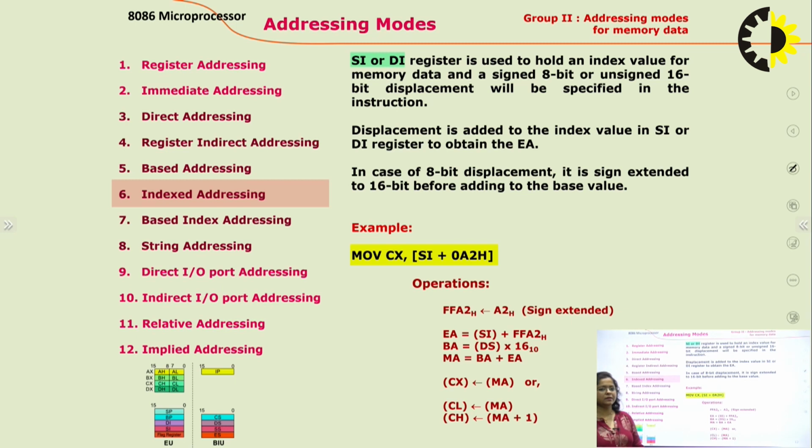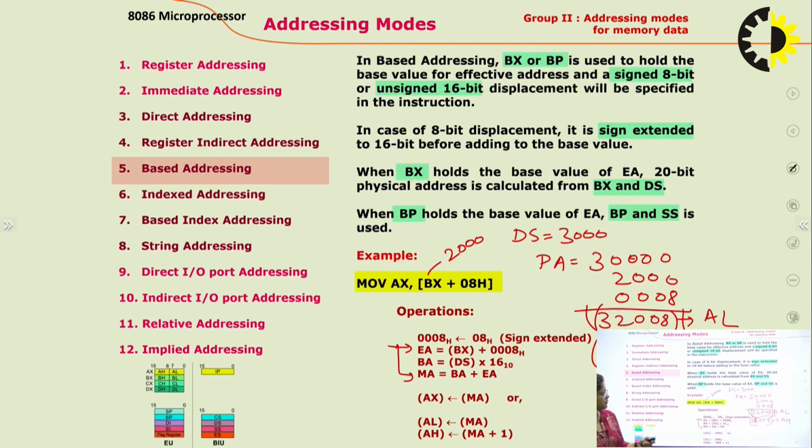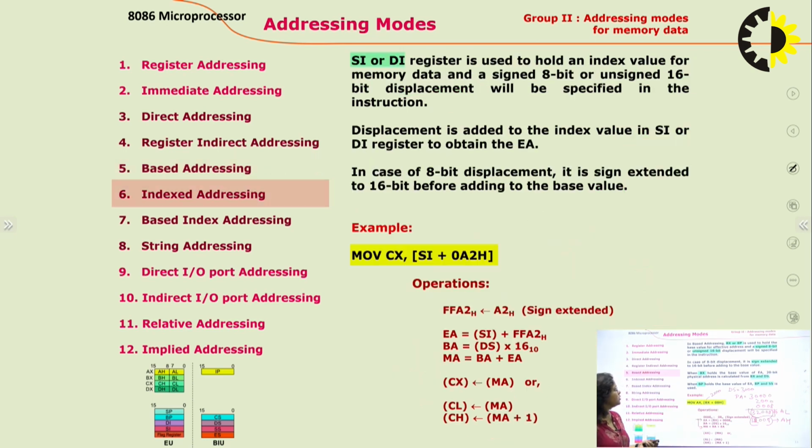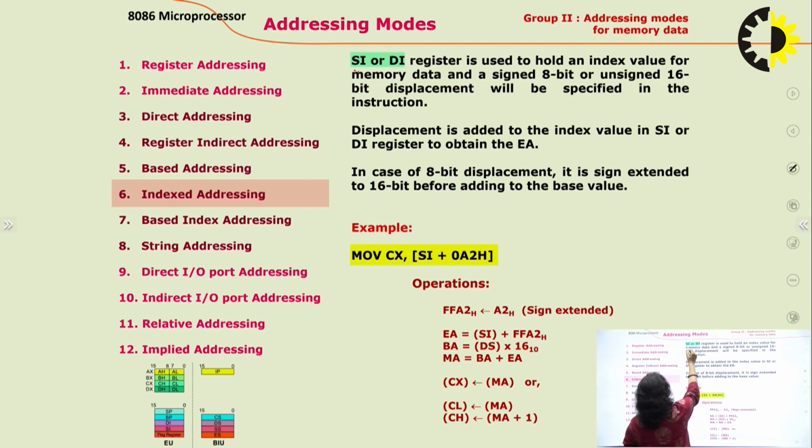Next is index addressing. In index addressing, as previously, base register plus displacement is taken in based addressing mode. Similarly, in index addressing mode, one of the index registers plus displacement will constitute the effective address. So, in this case, let SI be 4000 and data segment be 2000.